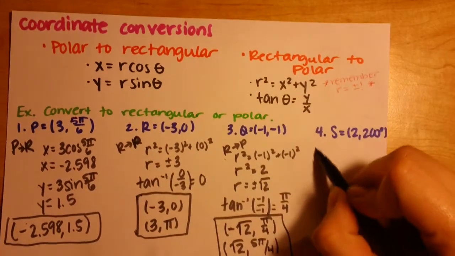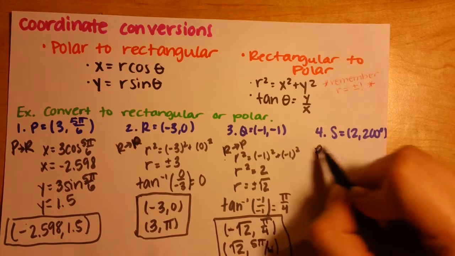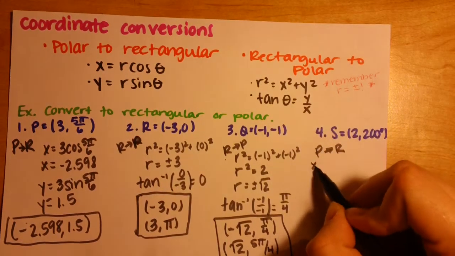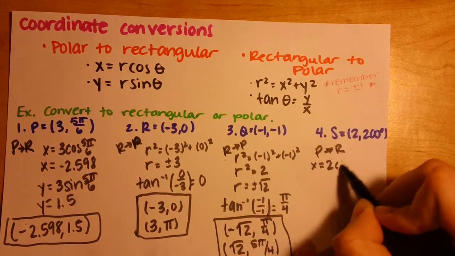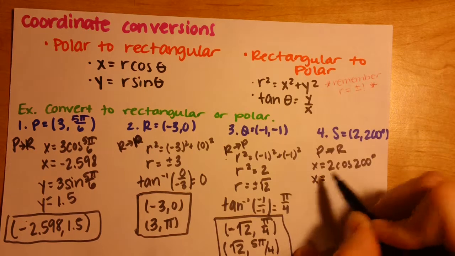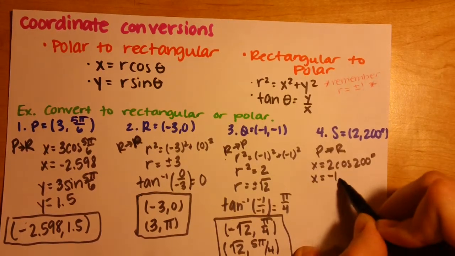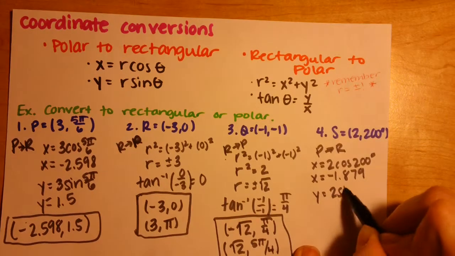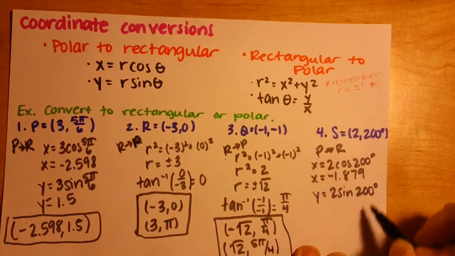Last one is going to be 200 degrees, which is polar to rectangular. So we have x equals 2 cosine of 200 degrees. So x equals -1.879. Y is 2 sine of 200 degrees.